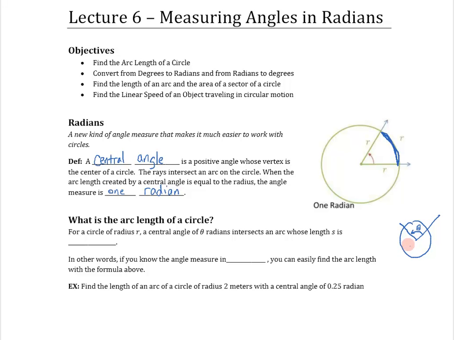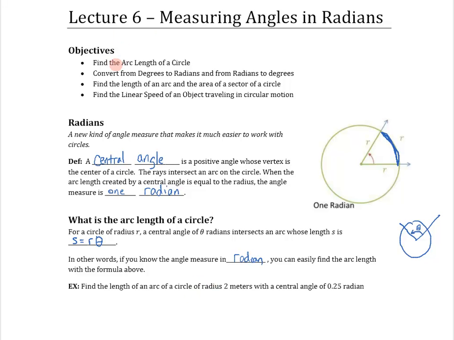And if theta was any number, you could find the arc length s by taking the radius of the circle times whatever your angle measure is in radians. So s is equal to r theta. If you know the angle measure in radians, you can easily find the arc length with that formula. So here's a quick example.